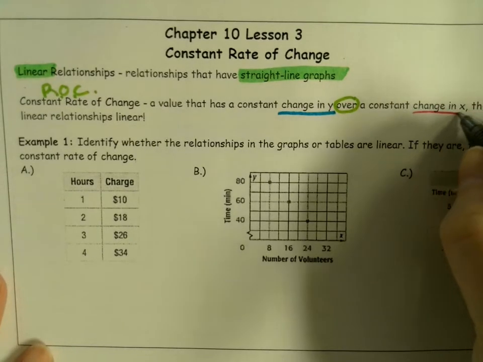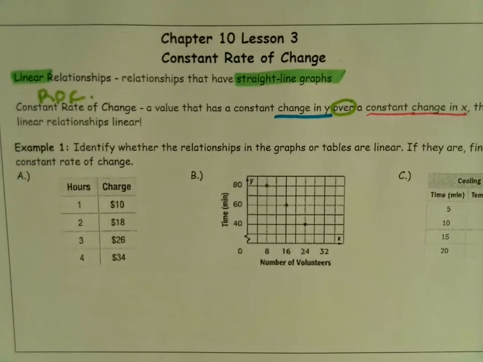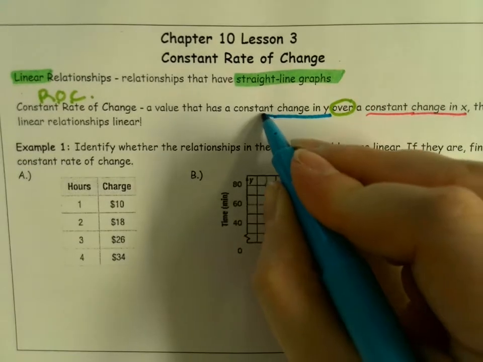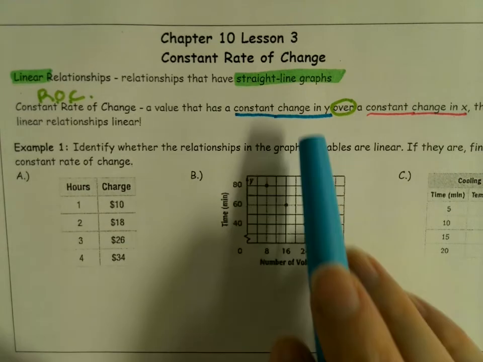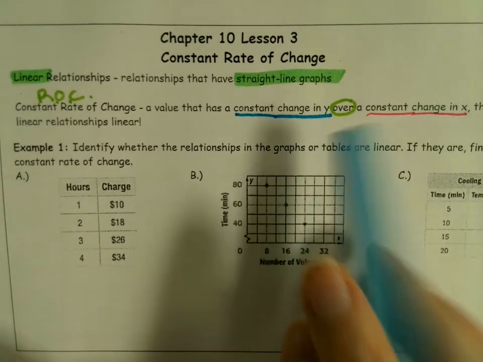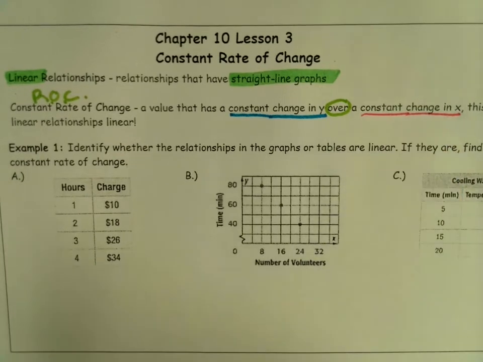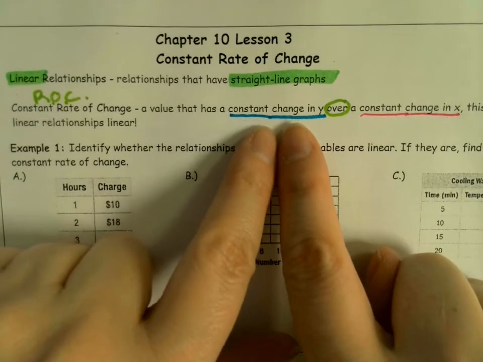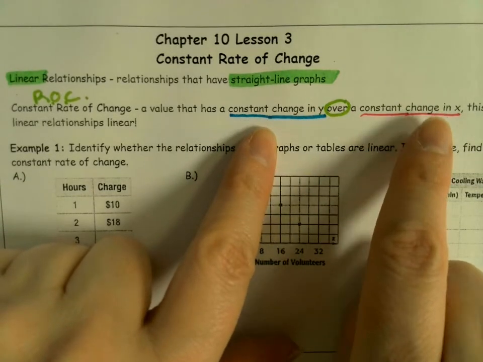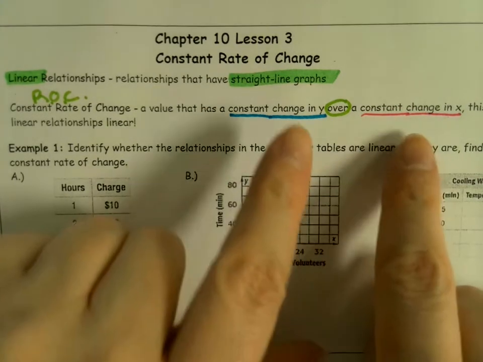And notice it has that term constant. So let me go ahead and underline that term, constant. If you are consistently changing by a value of y, but you don't have any consistency for your change of x, then there is no constant rate of change. And vice versa. If there's no constant change in your y, but there is a constant change in your x, there is no constant rate of change because it would not be proportional.